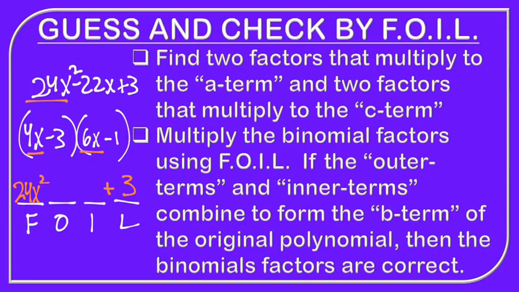Now the way that we check the problem is when we multiply the outer terms and get negative 4x and the inner terms and get negative 18x. If these two terms combine to form our B term, we know we've done the problem correctly. We have the right binomial factors. So this would make negative 22x. And when we look at our original problem, that is our middle term, so we know that we did it right.